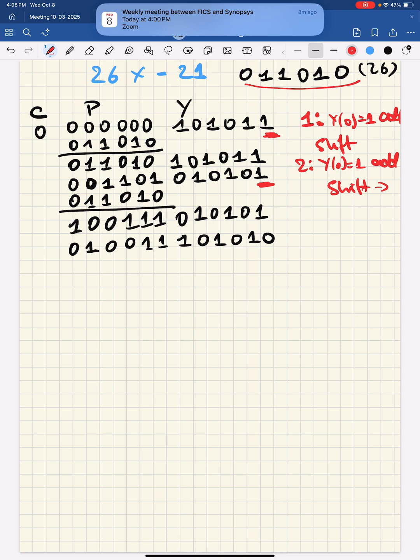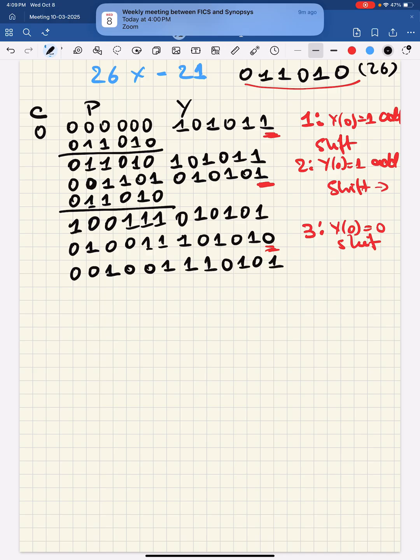Now we're doing the third iteration. y0 is equal to 0, so we'll just shift. Shifting gives us 0, 0, 1, 0, 0, 1, 1, 1, 0, 1, 0, and 1. One thing to see here is that while I'm shifting, I'm filling up the upper position with 0.